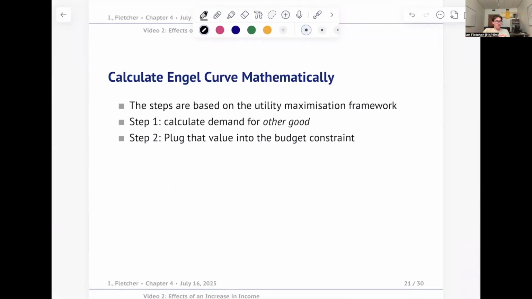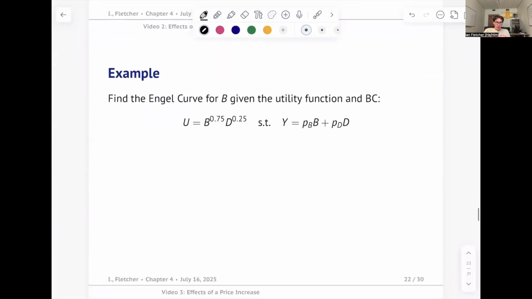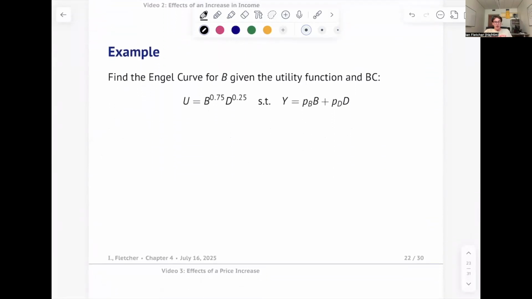The steps are based on our utility maximization framework, right? So we're going to calculate the demand for the other good, and we're going to plug that value into the budget constraint. So let's suppose that we are going to find our Engel curve for beer given our utility function and budget constraint here.